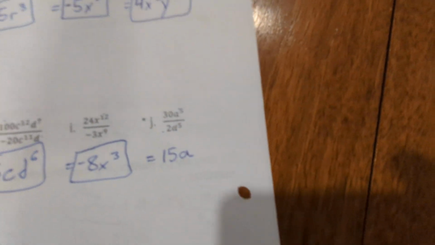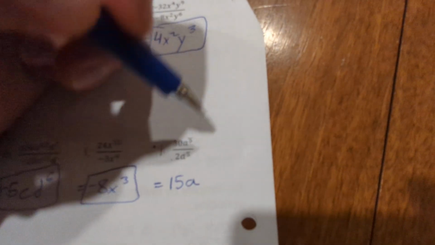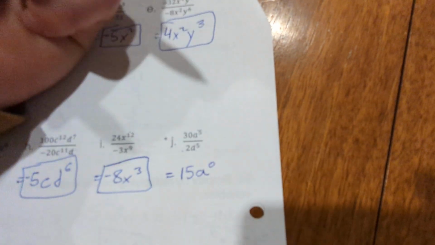And the last one here, 30 divided by 2 is 15. And then we have a, and we have 5 minus 5. Whoa. This is where things are a little different. So 5 minus 5 is 0. And if you go ahead and type in, this isn't 1, right?